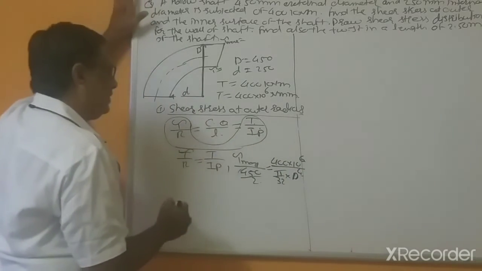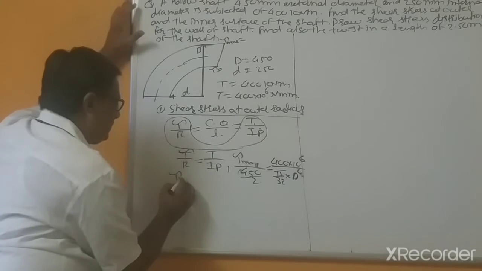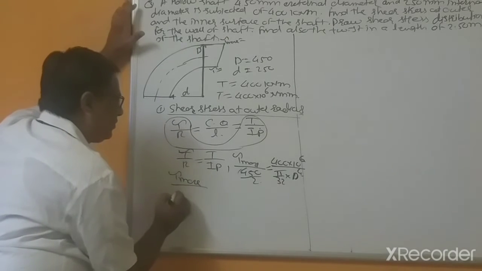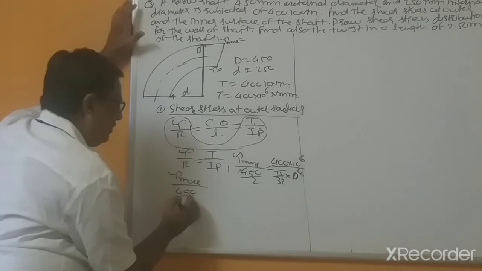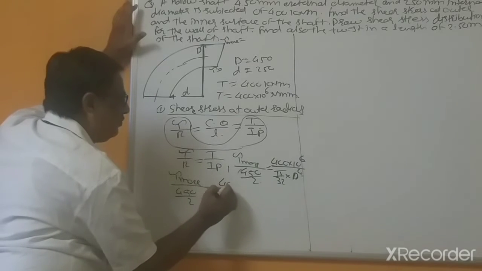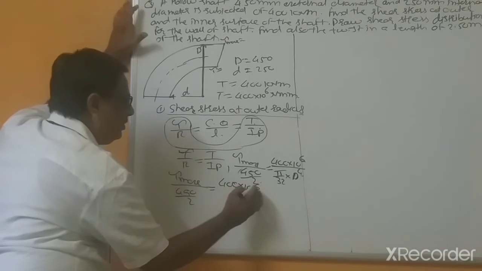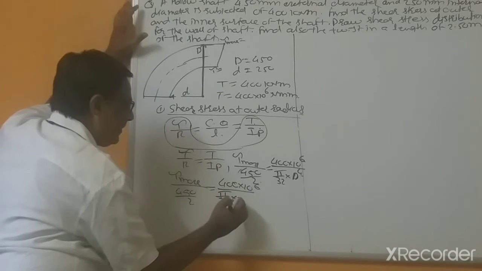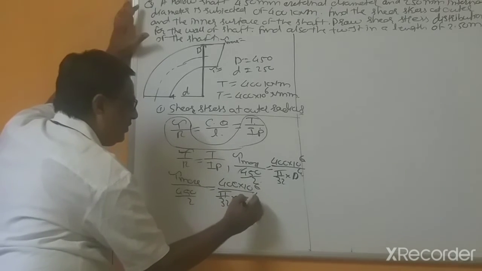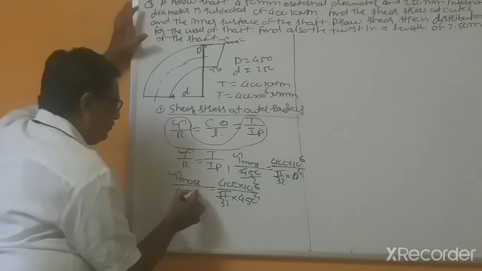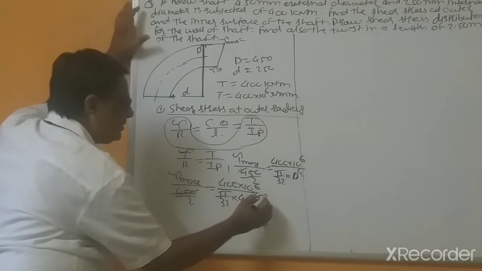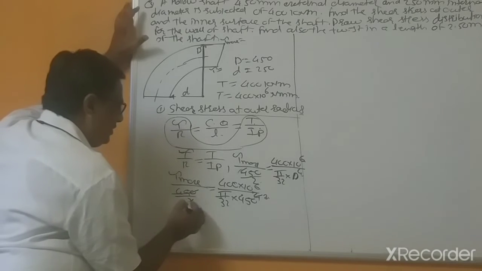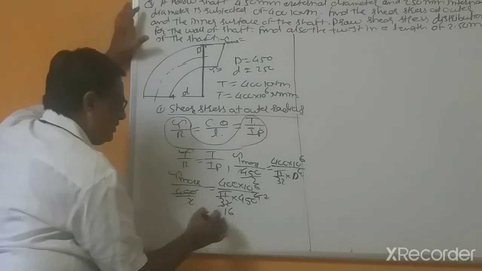So that's why tau max, 450 divided by 2 equal to 400 into 10 to the power 6 by pi by 32, 450 raised to 4. So this will get cancelled, and this is 3 and this 2 and this is 16.